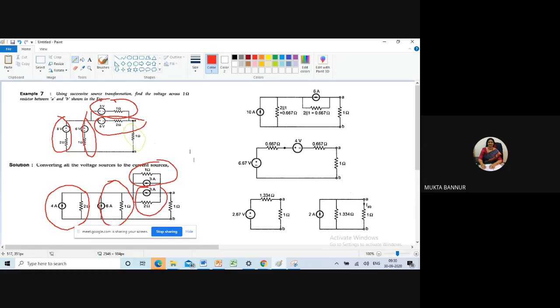If a number of current sources are connected in parallel with their equivalent shunt resistance, they can be replaced by their equivalents. Both the sources are delivering current in an upward direction, right? So I am going to add them.